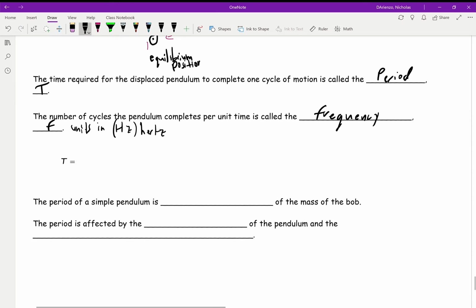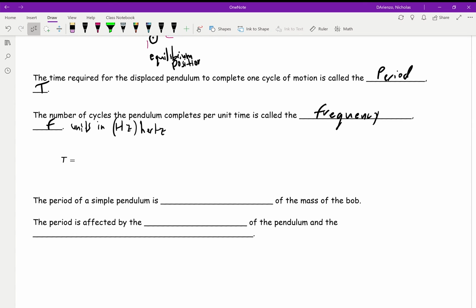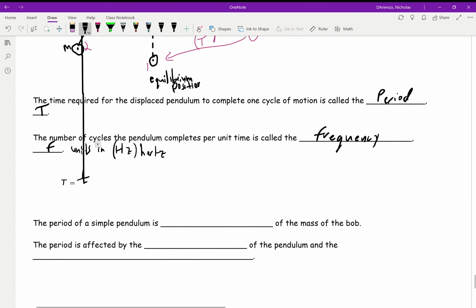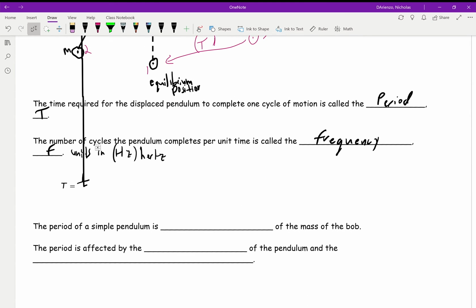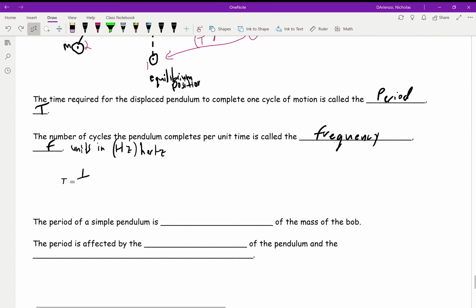Now, the equation that we use to determine our period is 1 over our frequency.